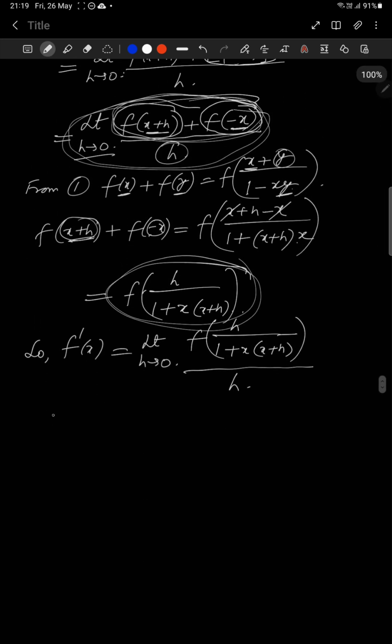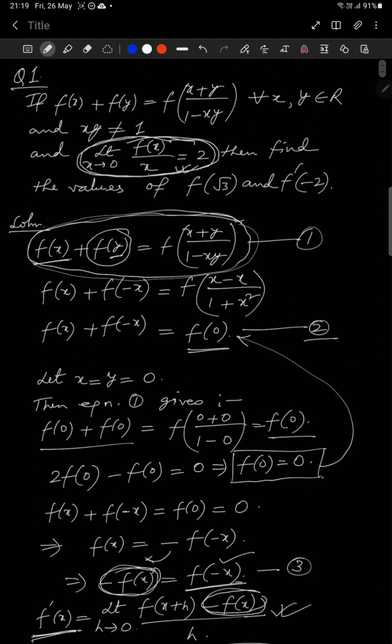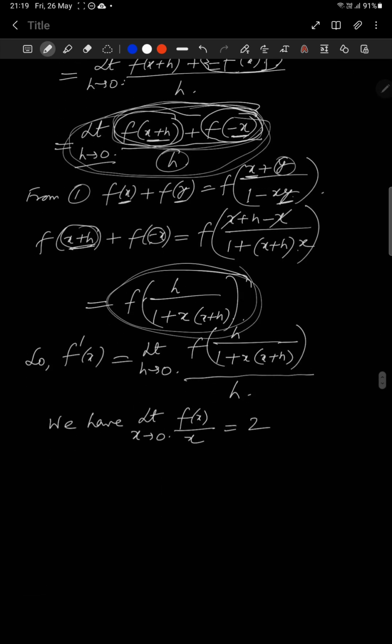Means we have limit x tending to 0 f(x) by x is equal to 2. I hope this was the result given. Yes, limit x tending to 0 f(x) divided by x is equal to 2.